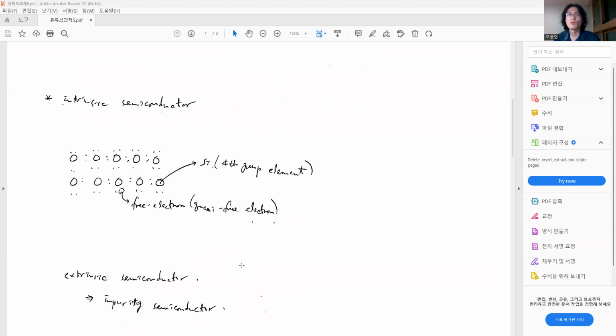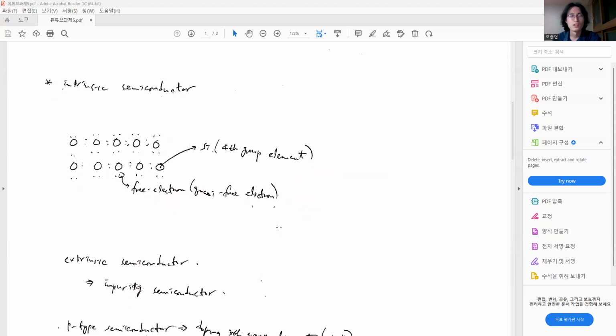Let me introduce the intrinsic semiconductors and extrinsic semiconductors in detail. First, the intrinsic semiconductor is made by the fourth group element, especially silicon.